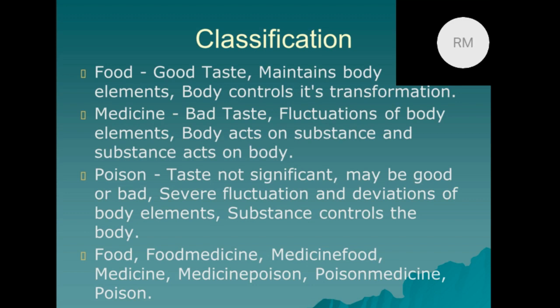Something which also has regulatory properties apart from nutrition is called food medicine. And medicines which can also give nourishment are called medicine foods. So please keep this classification in mind, and I hope this is clear.